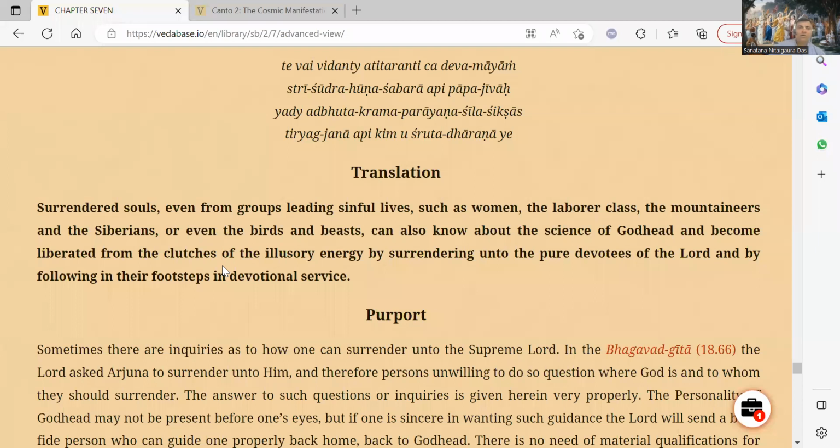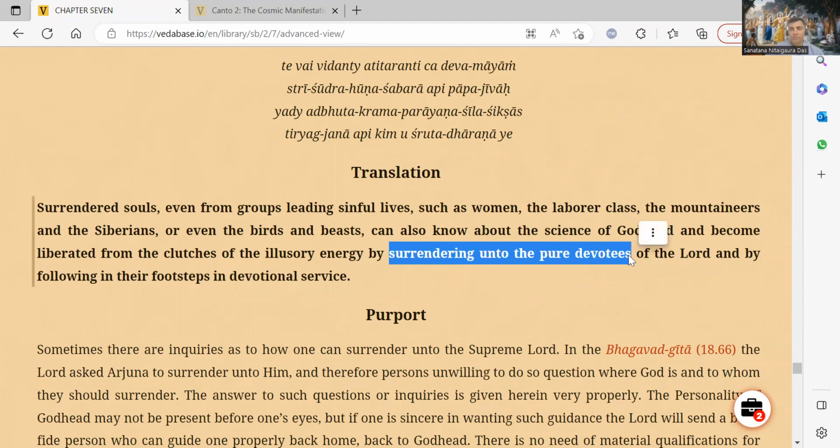People like me, who are not qualified to directly surrender to the Lord, who are not qualified to get the association and mercy of the Lord directly, are very, very fortunate if we can surrender unto the pure devotees of the Lord, like our Guru Maharaj, like Srila Prabhupada, like the entire Guru Parampara, like our Shiksha Gurus. If we are sincerely serving them, we are coming out of Maya.